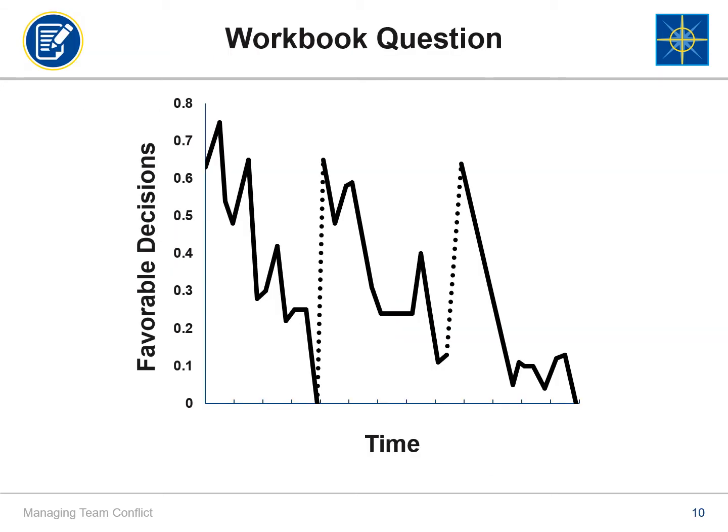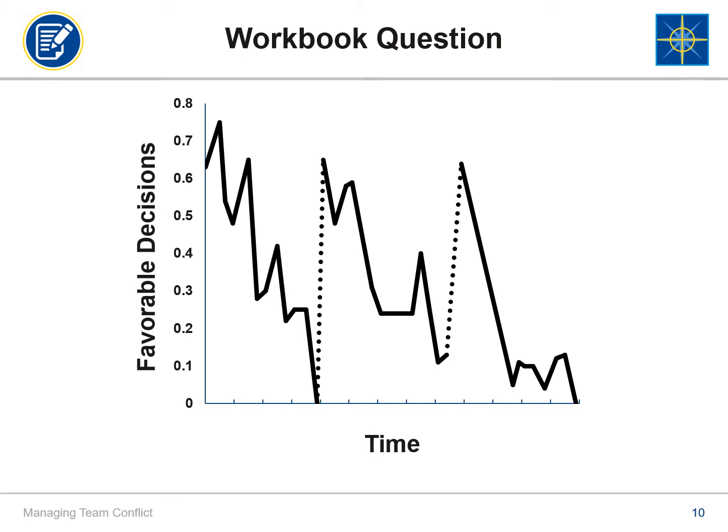Let's think about that for a minute. Please take a look at the chart on the slide, which comes from the Nobel laureate Daniel Kahneman's book, Thinking Fast and Slow. It tracks the decisions made by parole board judges throughout a typical day. The horizontal axis tracks hours from early morning to early evening.